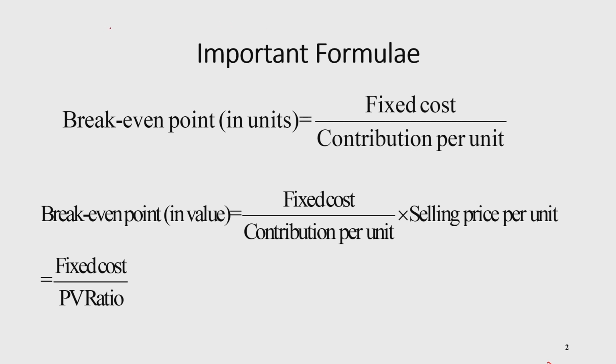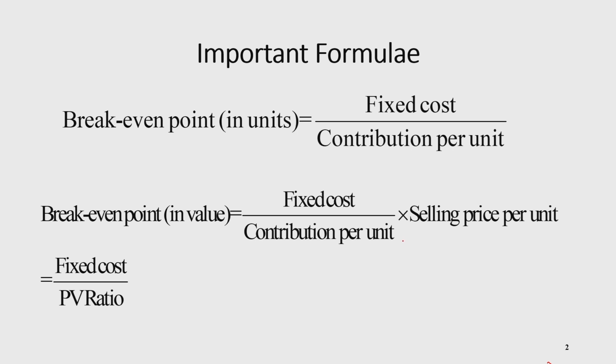The break even point in terms of units, we said, is fixed cost divided by contribution per unit. And what is contribution? This terminology one has to understand very carefully. Fixed cost means that cost which will be incurred anyway, even if you do any production or not.